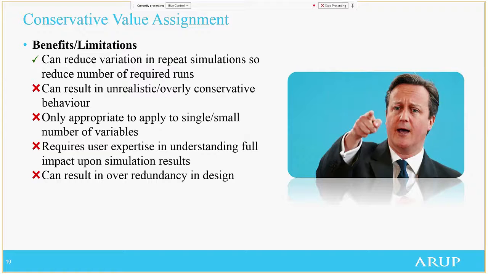And again, it goes back to it perhaps producing unrealistic behaviour. It obviously requires user expertise and understanding of the full impact upon the simulation results of conservative assignment, and it can result in over-redundancy in the design process.